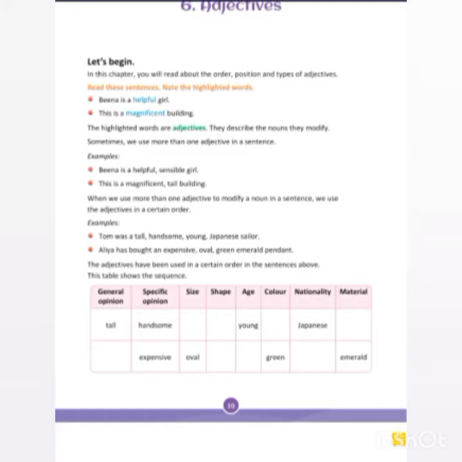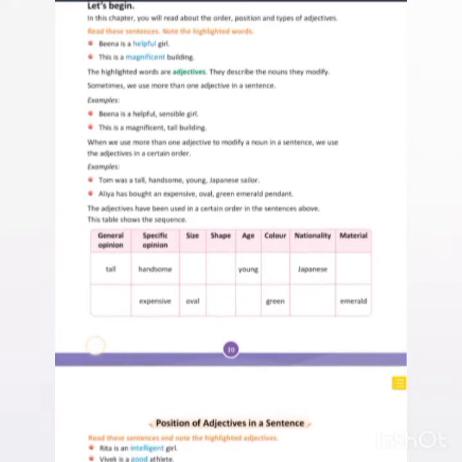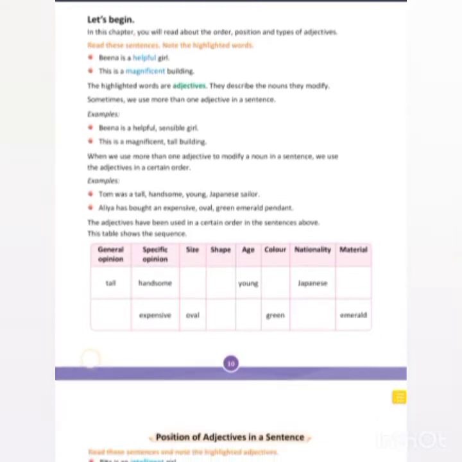Then green is the color, and emerald is the material. It's the material you have seen, shining material. So pendant is described here with all these adjectives.